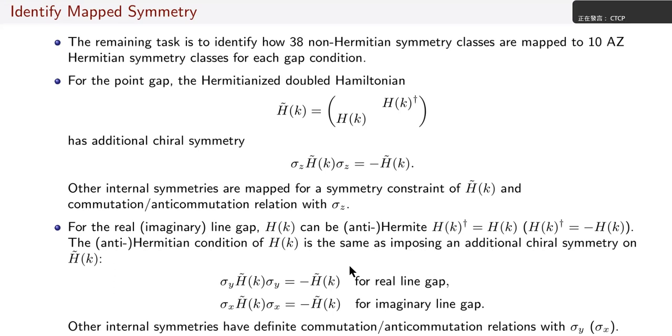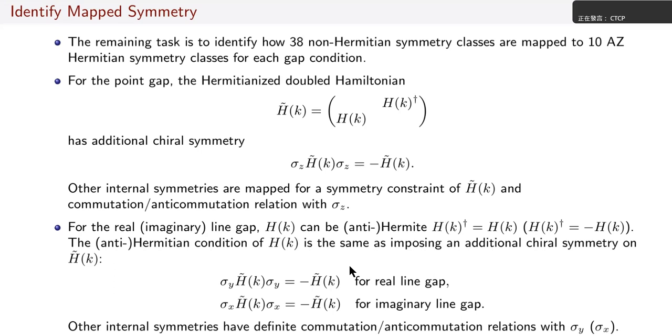In other words, the symmetry in the non-Hermitian system for H is mapped to the symmetry for the Hermitian system represented by H tilde with this additional chiral symmetry. Then we can identify what is the exact symmetry here in the Hermitian system.